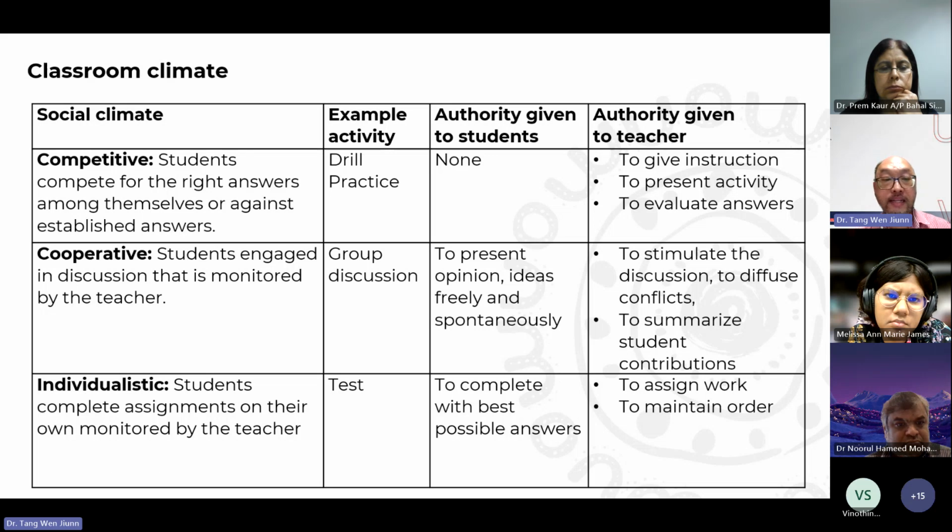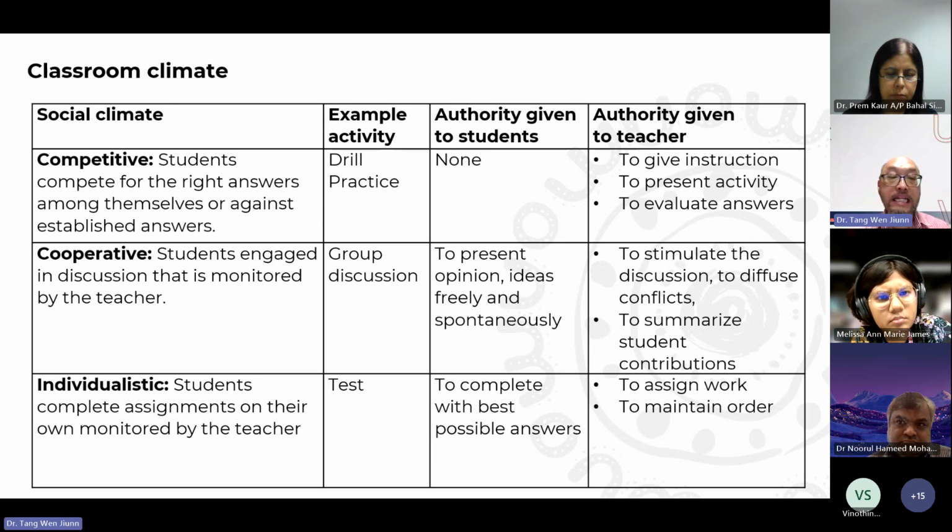During this cooperative social climate, as lecturers, we have to stand back and just make sure it's not chaotic. We are just there to stimulate the discussions and listen to what they have to say. At the end we summarize the students' contributions. So we give part of the teaching and learning authority to the students.